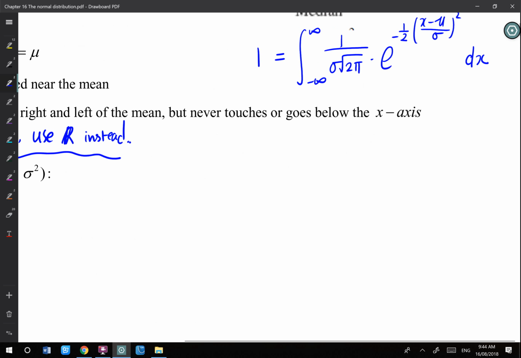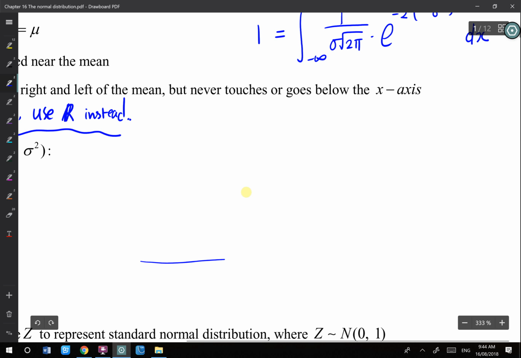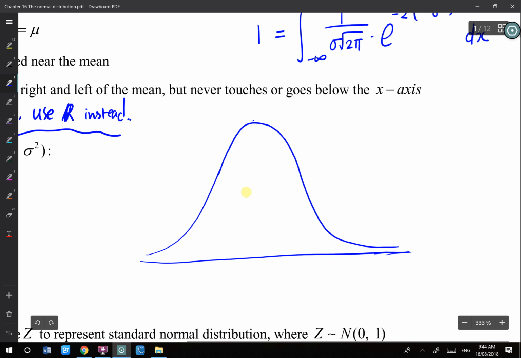But there's another thing. If I sketch this, it is a normal distribution with mean of 160, so here is 160. The standard deviation is 2, so that's 158, minus 4, 156, plus 4, 164.